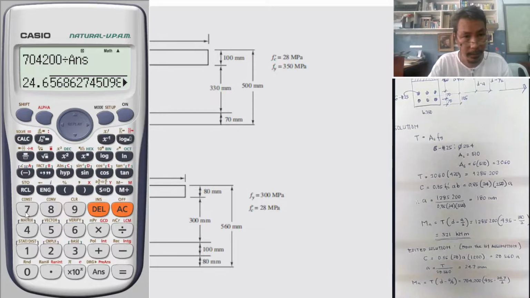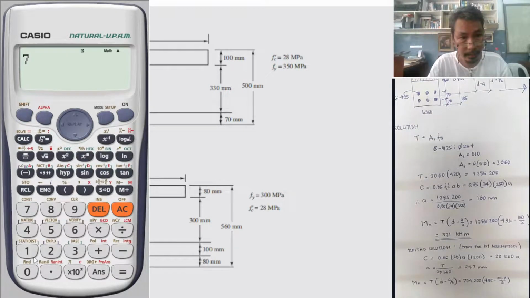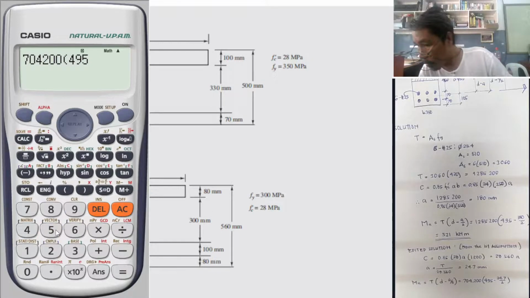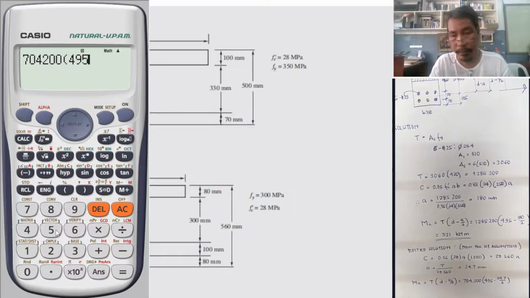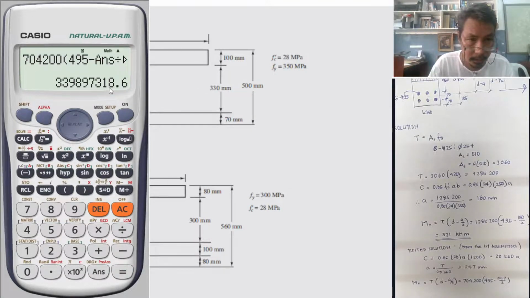So 704,200 multiplied by 495 minus answer divided by 2 equals 339,897,000.